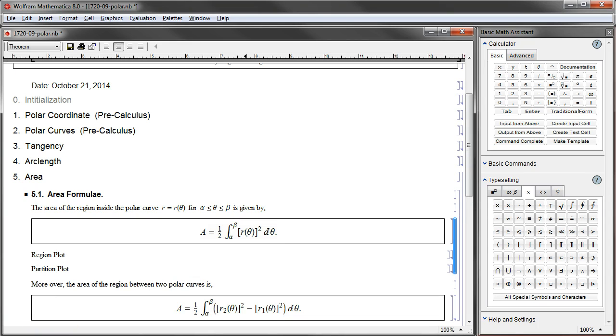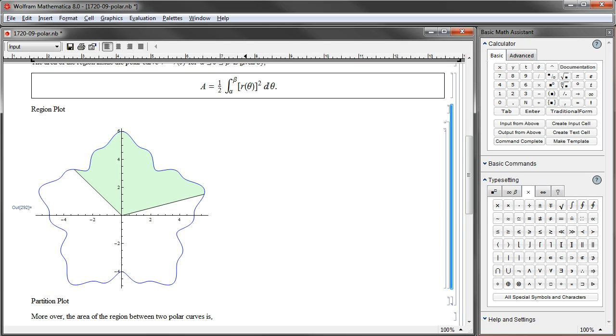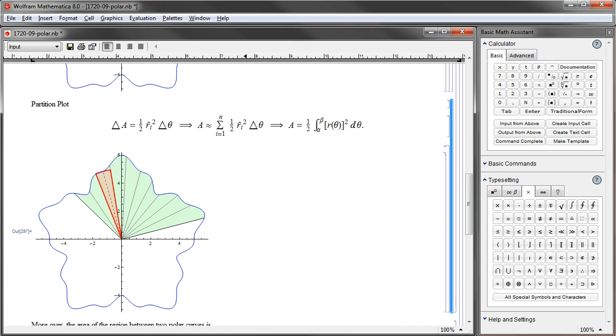And the derivation works as follows. If you want to find the area inside a certain polar curve from a certain angle alpha to beta, what we need to do is set up a Riemann sum using sectors instead of rectangles, kind of like this.